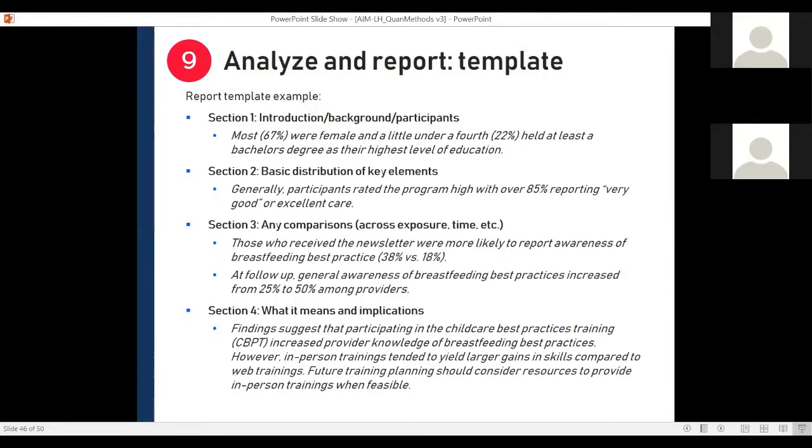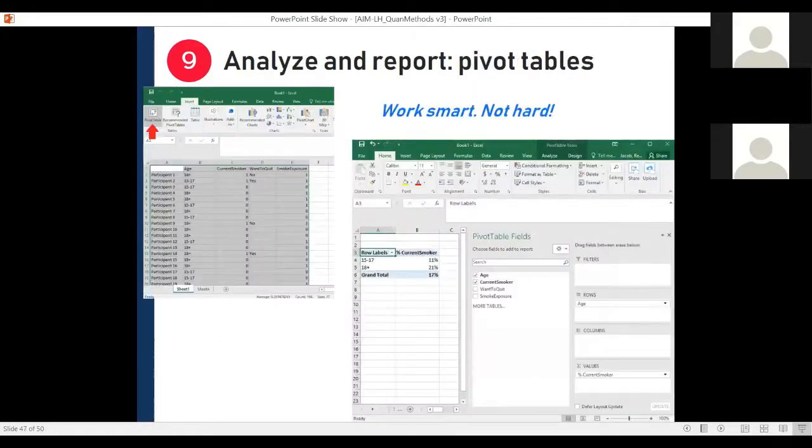And then in section 4, you really just want to say what this all means, what the implications are. That's really important for portraying the success of your program, or maybe pointing at places where your program might need improvement.